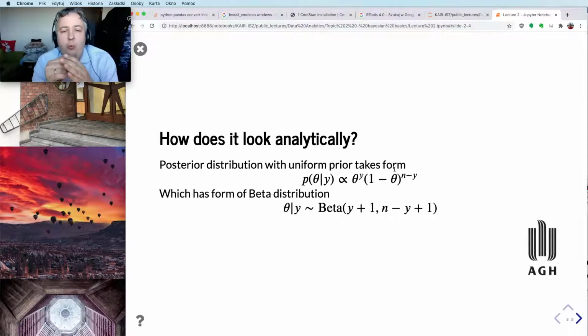And now we look at different interpretation of those letters. So binomial distribution, probability of y given theta, is now changed into the probability of theta given y, which is now a beta distribution, because it is the distribution of parameter theta.